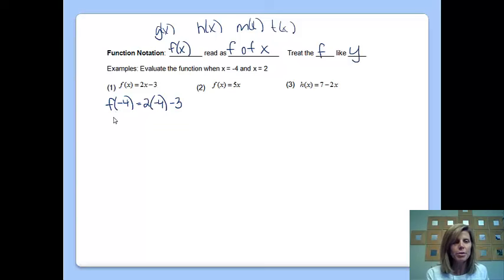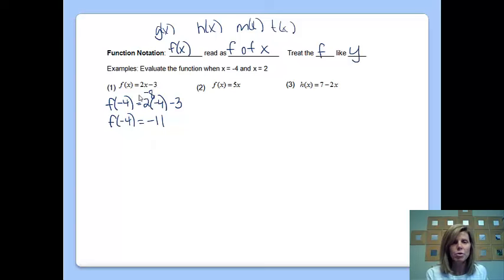And then it says -3. Okay, the left side, there's nothing to do with the left side, so we're just going to leave it alone. And now we're going to evaluate or simplify the right side. So 2 times -4 is -8, and then -8 minus 3 is -11.